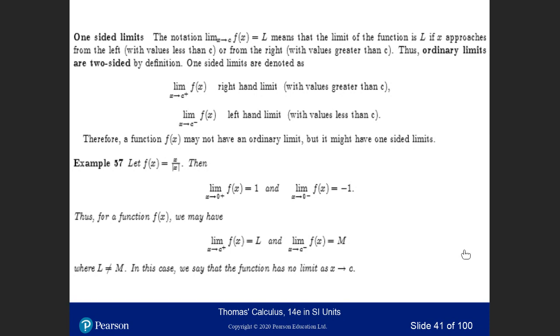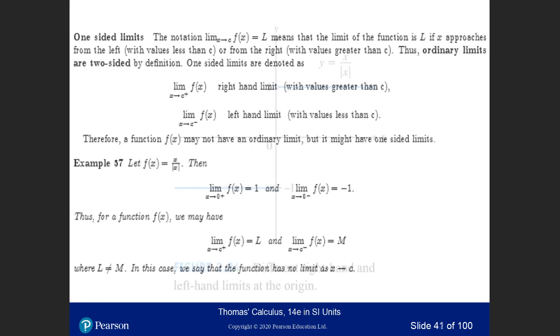So actually, the function does not have a limit at x equals 0, but it has one-sided limits. So you might have f(x) as you approach c from the right-hand side be L. If you approach from the left-hand side, it might be M. If L is not equal to M, you say that the function does not have a limit at c, but has one-sided limits.